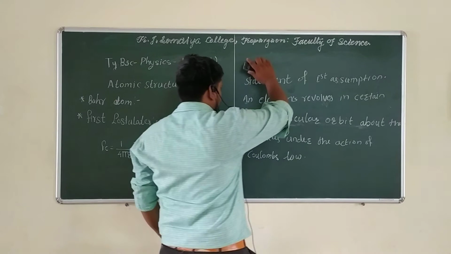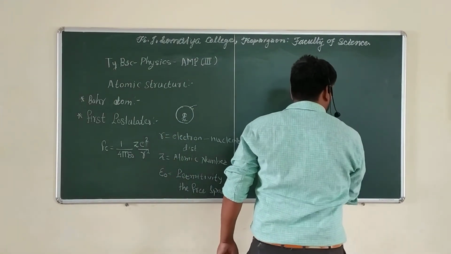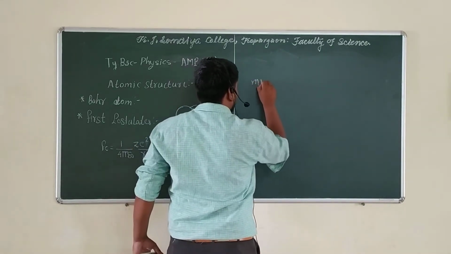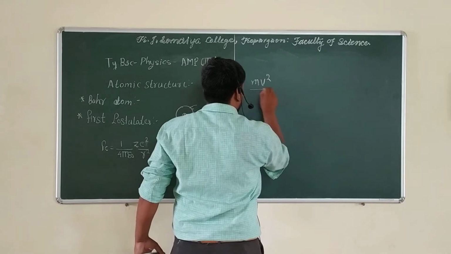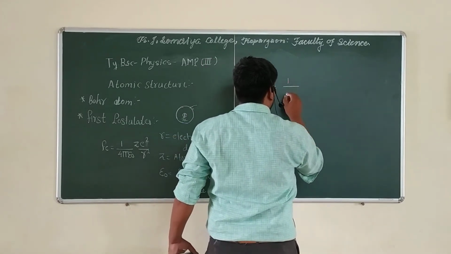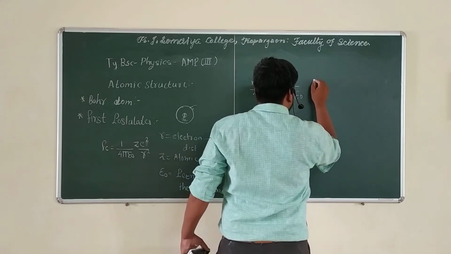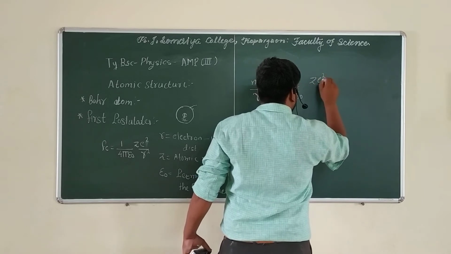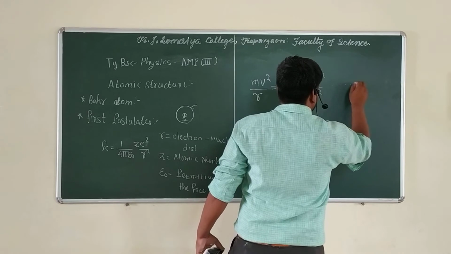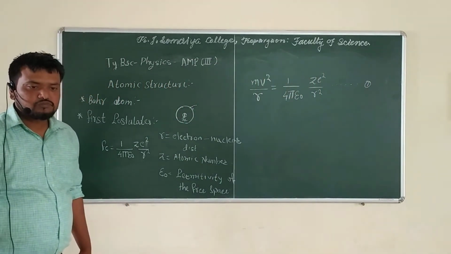So the stable dynamic condition is mv square divided by r is equal to 1 upon 4 pi epsilon naught Ze square divided by r square.